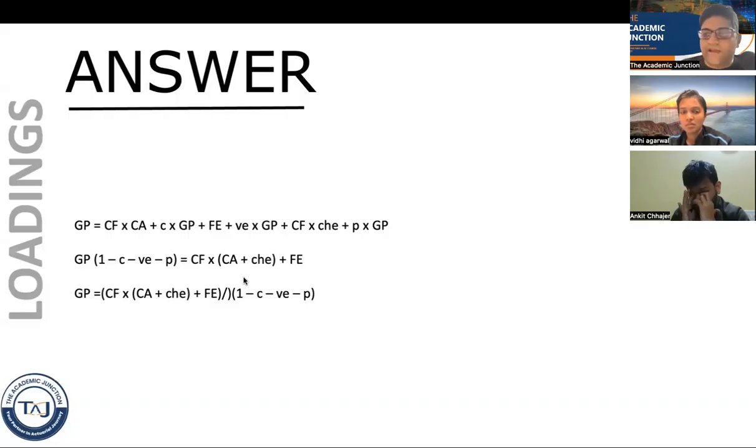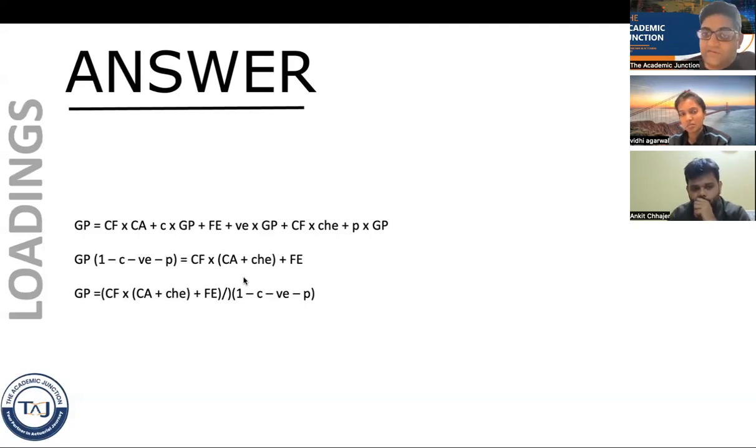You equate all that, you do LHS, RHS, and then you arrive at the final number, which is CF into claim amount plus claims handling expenses plus fixed expenses, divided by 1 minus C minus VE minus P.